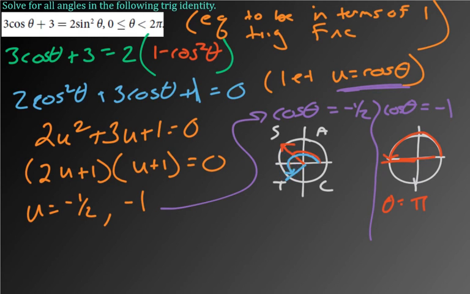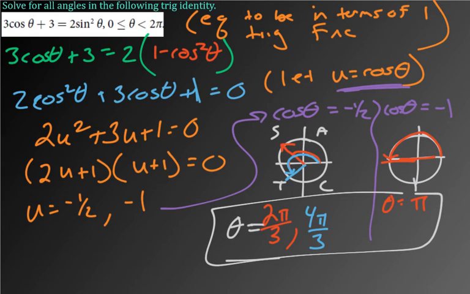So here and here is like a 60. So 60 is pi over 3. So we're curious about that red angle, which is 2 pi over 3. And then the blue one is, this would be 3 pi over 3, and then go one more, is 4 pi over 3. So theta equal to any of those would solve this equation.